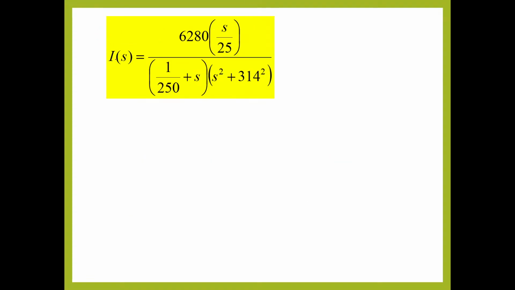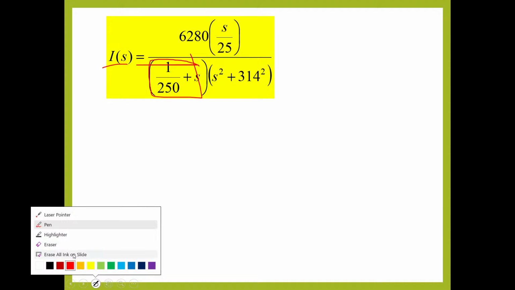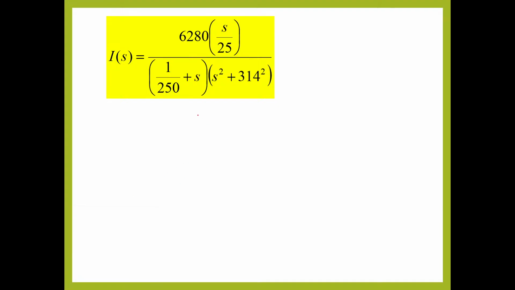In the next slide, you can see I of s is equal to 6280 into s divided by 25, whole divided by 1 by 250 plus s into s square plus 314. Now we can go for partial fractions. We can rewrite this as s plus 1 by 250 into s square plus 314 square.